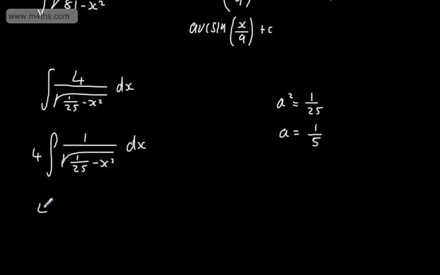We have 4 lots of the inverse sine now of x over 1/5, which will give us 5x plus a constant of integration.